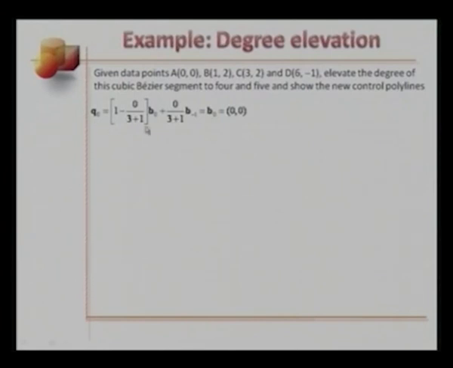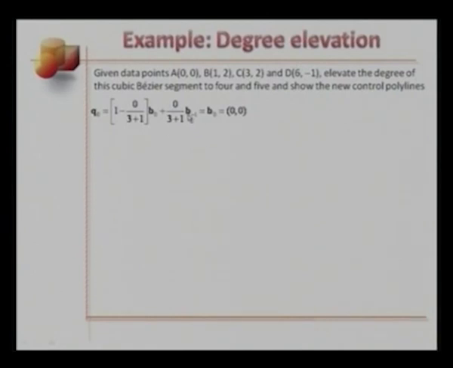We have just seen this expression. All we need to do is plug in the values and get the QIs. For example, Q sub 0 is 1 minus 0 over 3 plus 1 times B0 plus 0 over 3 plus 1 times B sub minus 1. Now this is interesting.